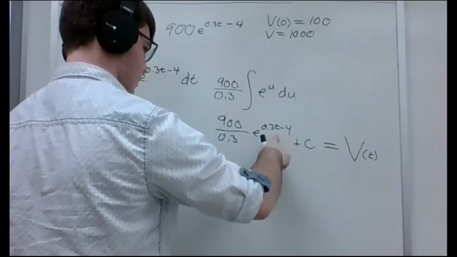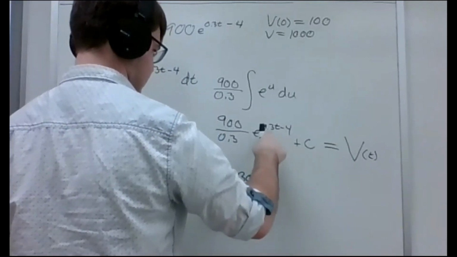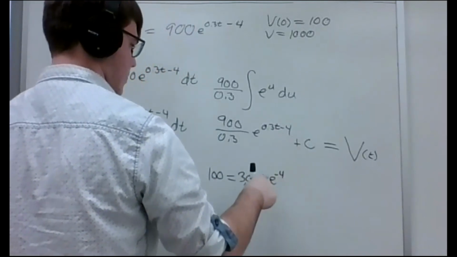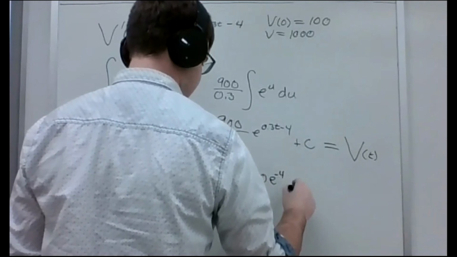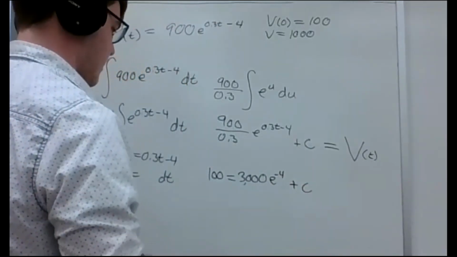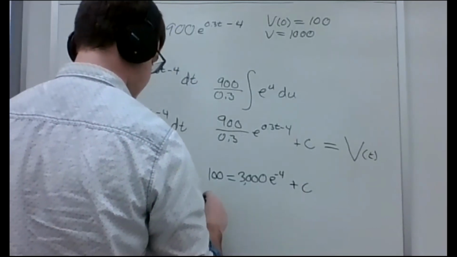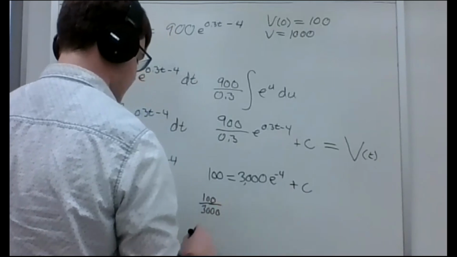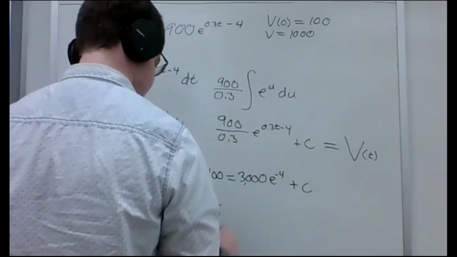We want to solve for our C. So 55 plus C equals 100. So C is equal to 45.